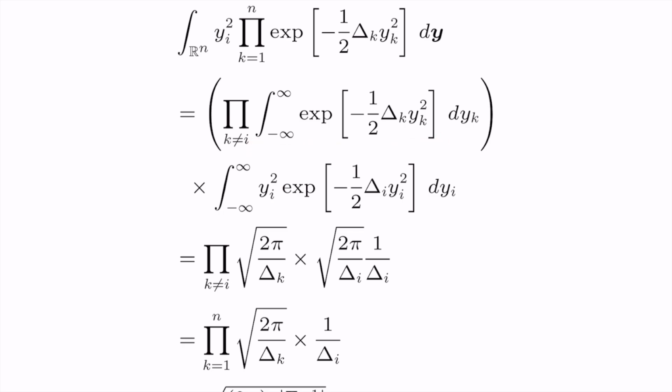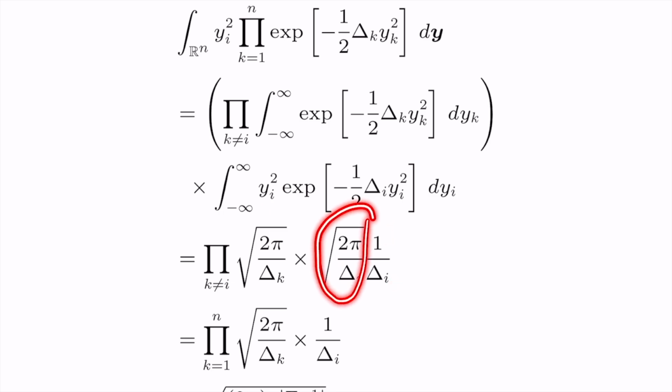It's the zeroth moment. So the result is square root of 2 pi over delta k. Delta k is here. And this one is the second moment of this univariate Gaussian integral. That is square root of 2 pi over delta i times 1 over delta i.